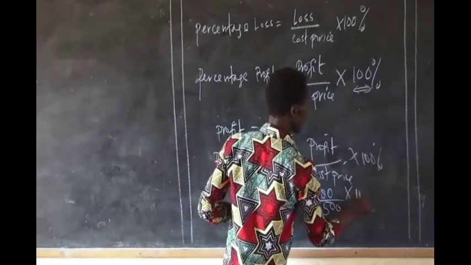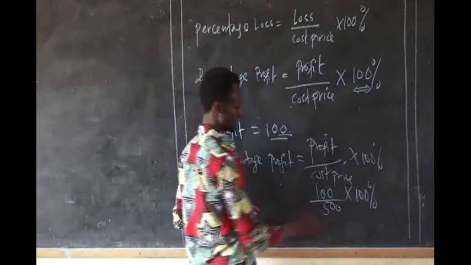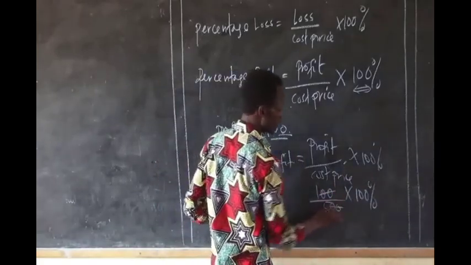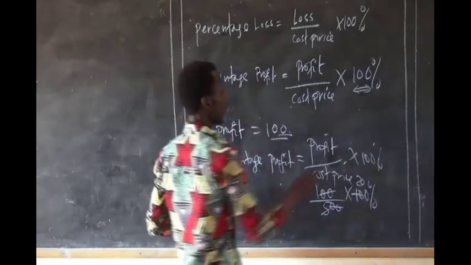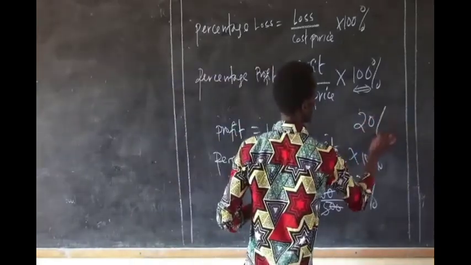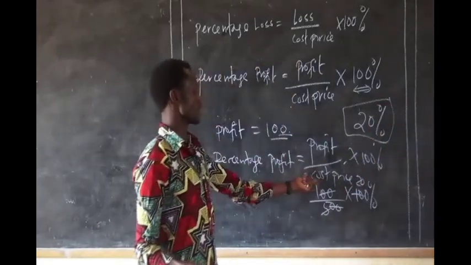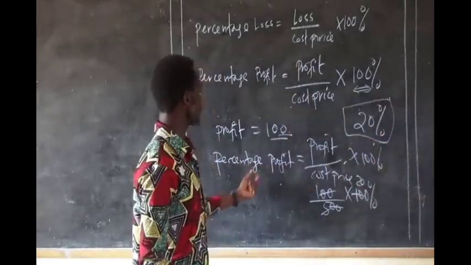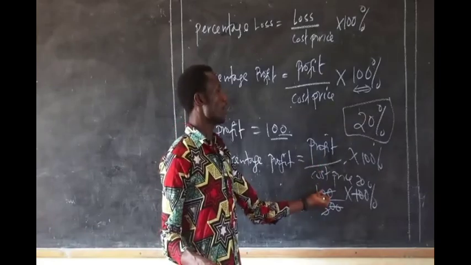When you multiply by 100, it means that you want to express it as a percentage. This comes out to 20, so the percentage profit here is equal to 20%. This was the percentage profit out of the cost price. The cost price was 500 and the profit that he made was 100 per orange.